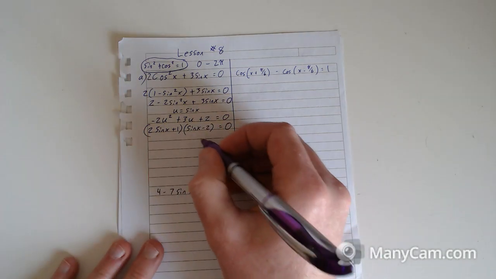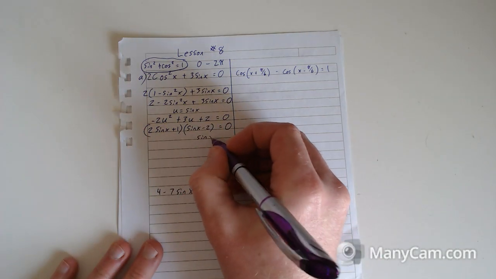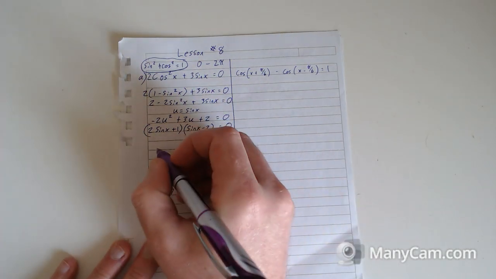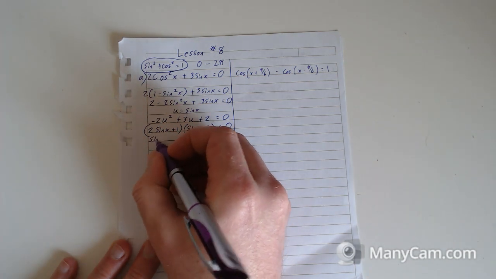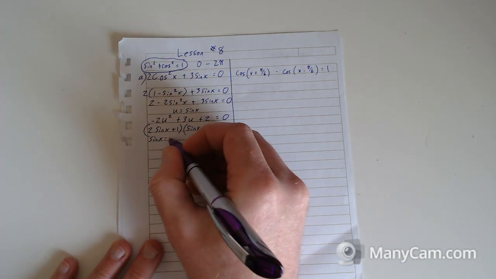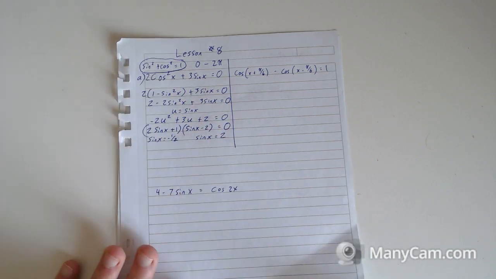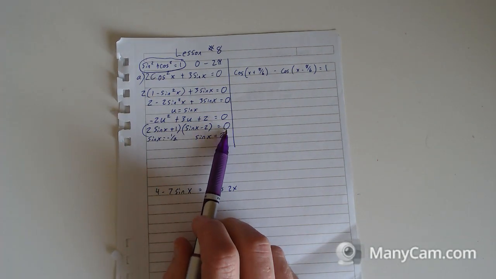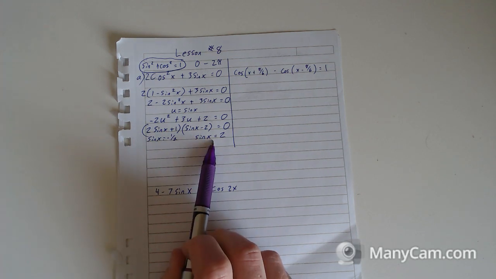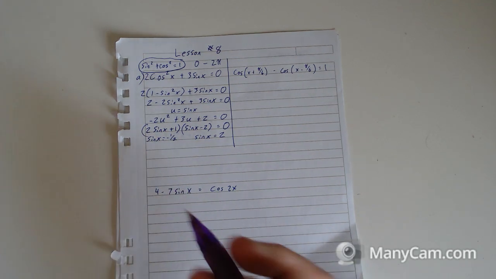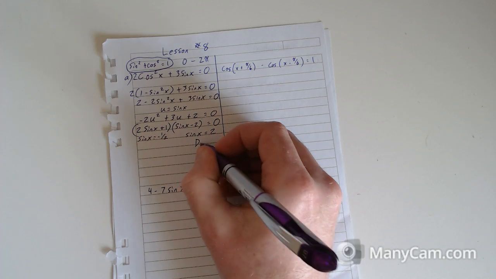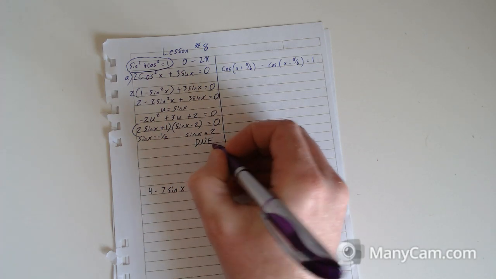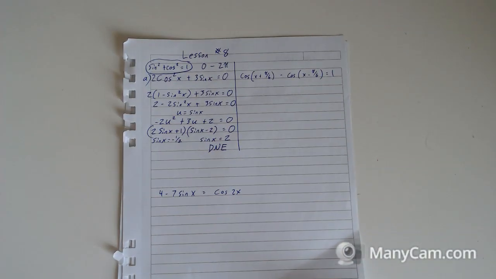So when is sine of x equal to 2? And when is sine of x equal to negative a half? If we can solve each of these parts, then we can find when it equals 0. This one over here, sine of x is never equal to 2. All sine x's are between negative 1 and positive 1, so there are no solutions from that half.